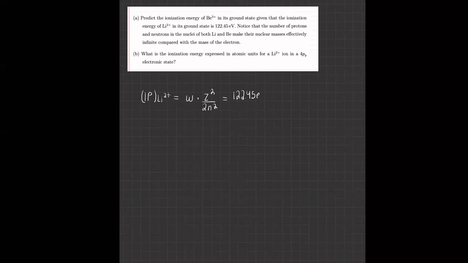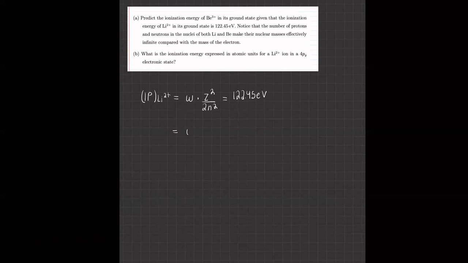They give us the energy, 122.45 electron volts. The charge of lithium here is 3, and in its ground state it's in the n=1 orbital, a 1s orbital.